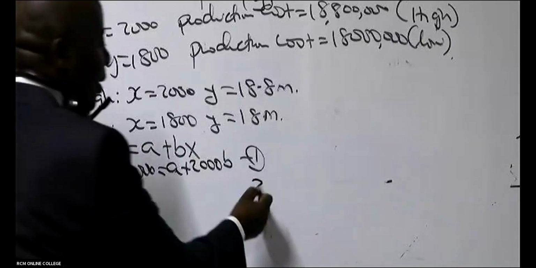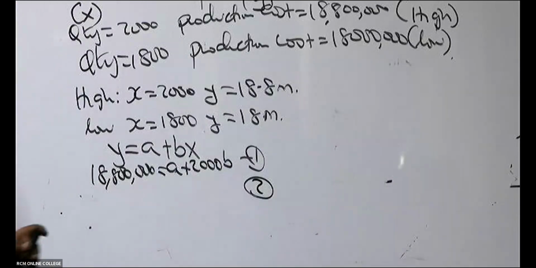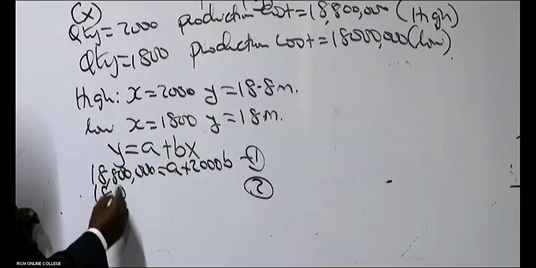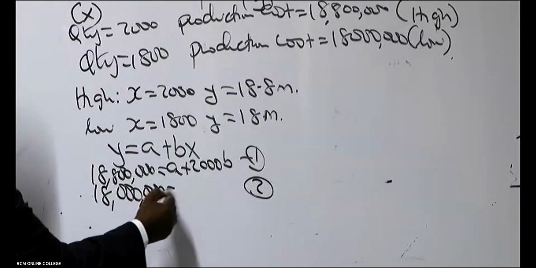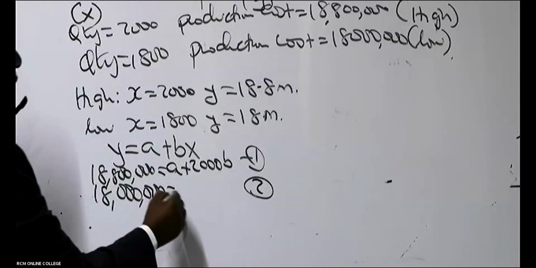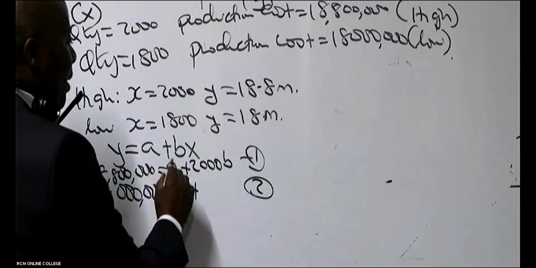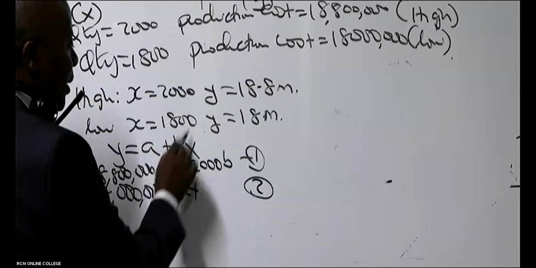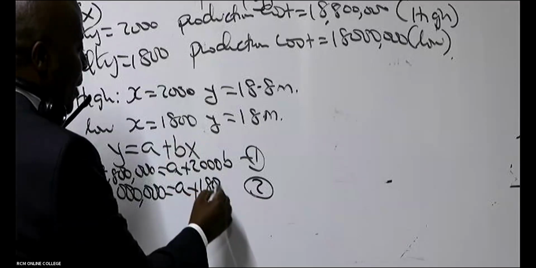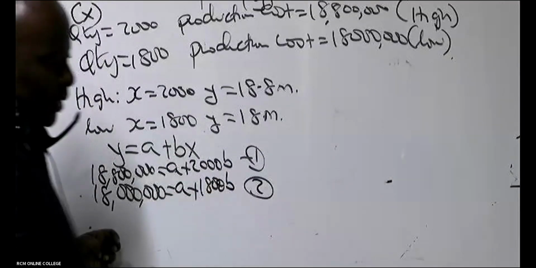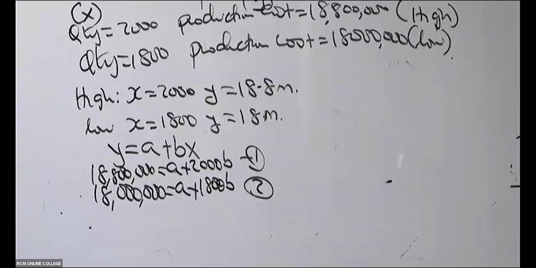Here we have 18 million, Y equals a plus bX. X is 1,800, so plus 1,800b. So from there we can eliminate a. Is that okay? We can eliminate a.